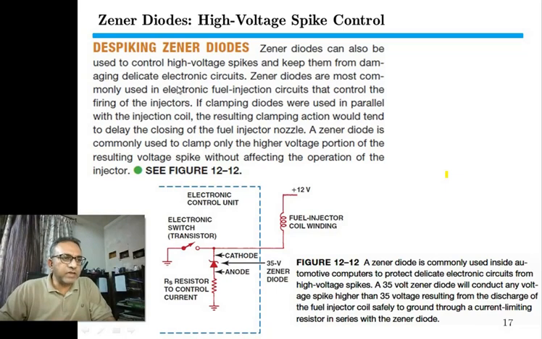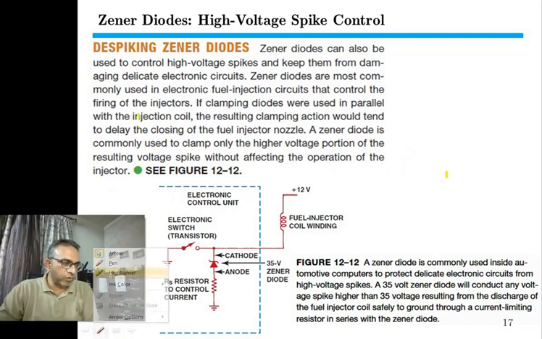If clamping diodes were used in parallel with the injection coil, the resulting clamping action would tend to delay the closing of the fuel injector nozzle. A Zener diode is commonly used to clamp only the higher voltage portion of the resulting voltage spike without affecting the operation of the injector. See figure 12.12.